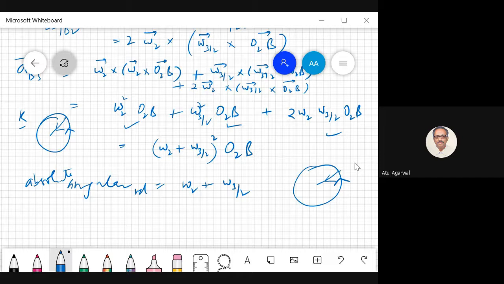So I found the acceleration of the runner in two different ways. One by mapping out his absolute path, which is circular motion with this angular velocity. Another by taking a rotating frame and observing his motion. In the rotating frame, he was also making a circular path, but we had to add two motions: one is the absolute acceleration of the particle fixed to the platform, another moving with respect to that.